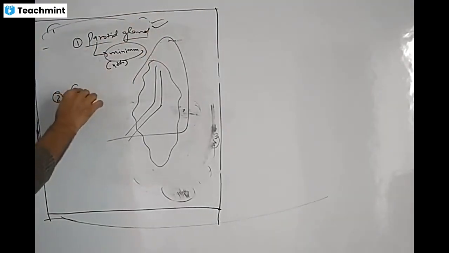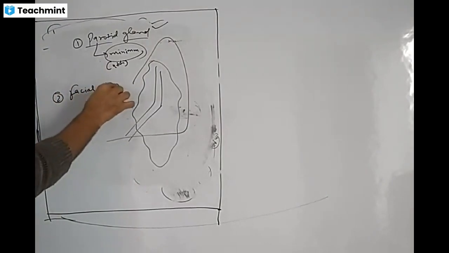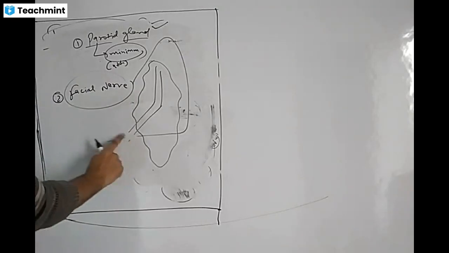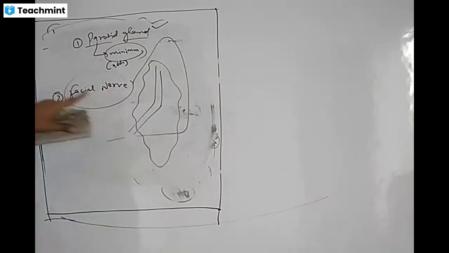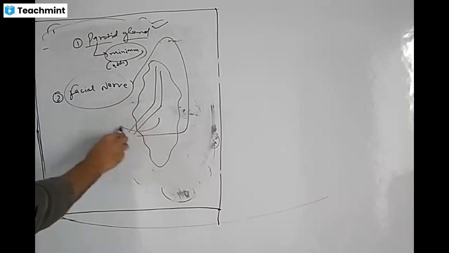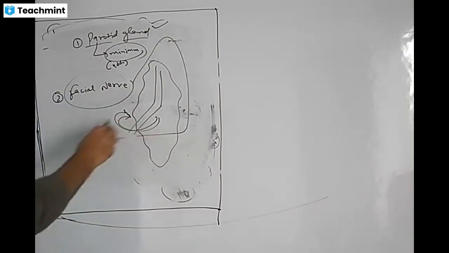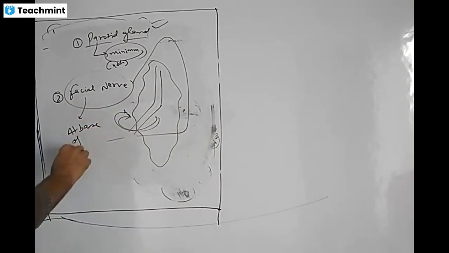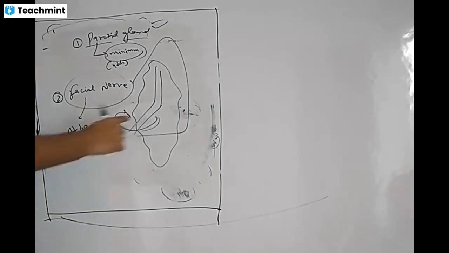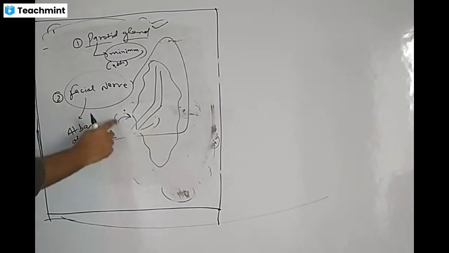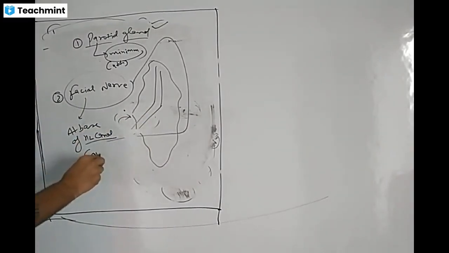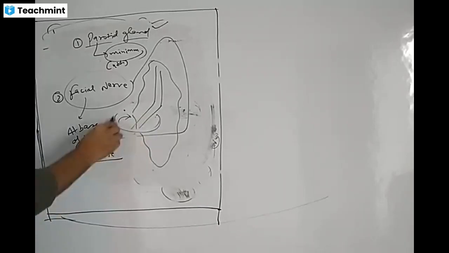Second is the facial nerve. The anatomical location of this facial nerve is here, like this, at the base of the horizontal canal. At the base of the horizontal canal, the course of this facial nerve is present like this.